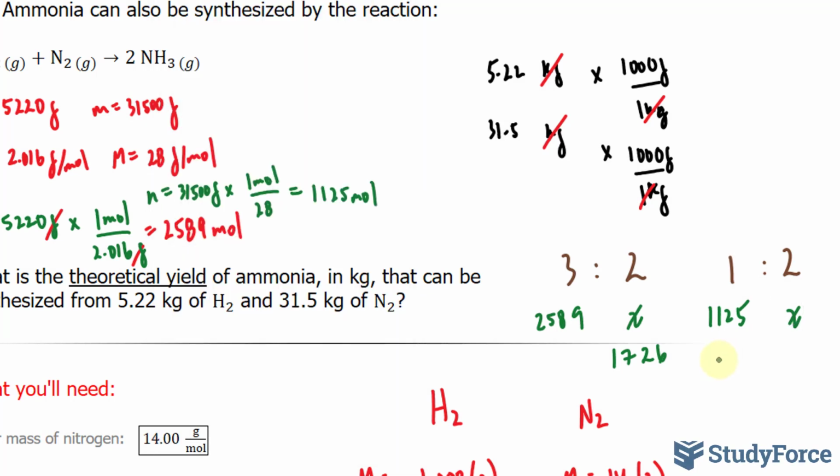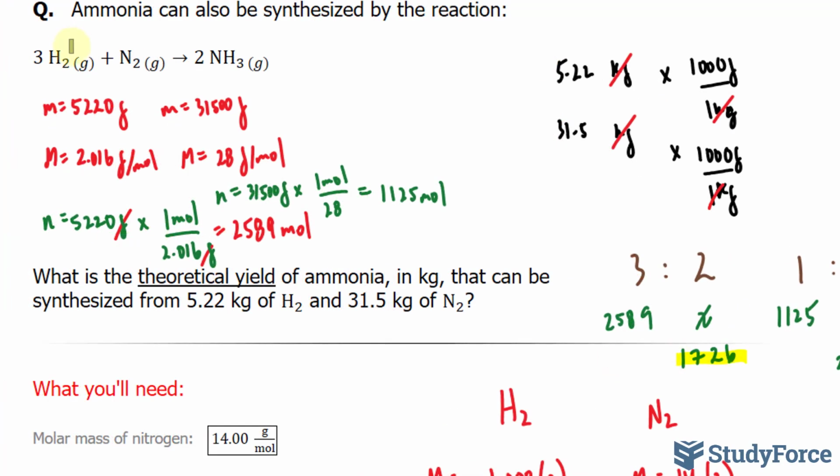Therefore, we get an x value of 2,250. Of these two, the lesser amount is 1,726. Therefore, H2 represents our limiting reactant, and this is the number that we'll use to represent the moles of NH3. So I'll write down n is equal to 1,726, and that represents the number of moles of NH3.